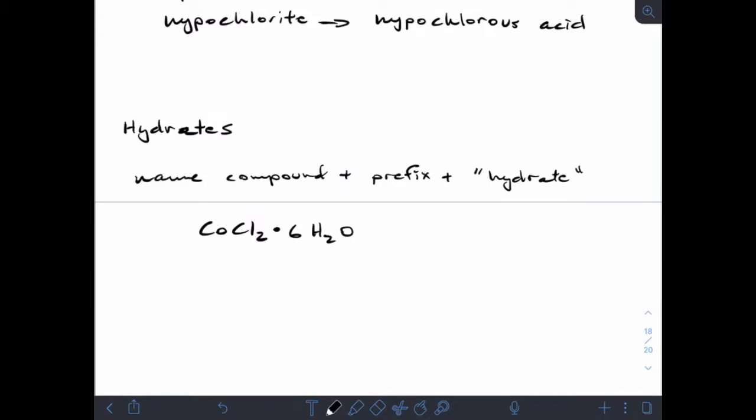Okay, so first we name the compound. Now cobalt is one of those that makes multiple ions. I have 2 chlorines there. Each one of those is a 1-, so that means that this one has to be a 2+. So I'm going to name that part of the compound just like normal. So I'll have cobalt 2 chloride. Now the prefix for 6 is hexa.